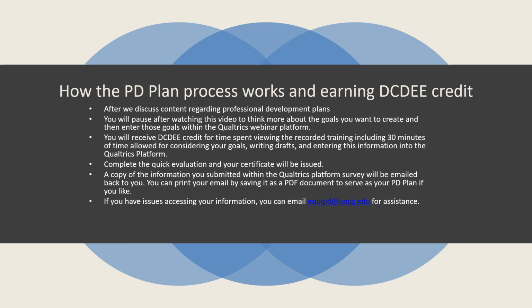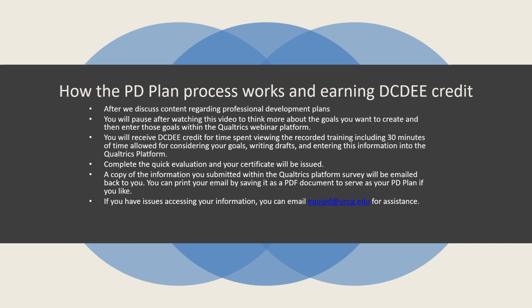You'll receive DCDEE credit for the time spent viewing the recorded training, including 30 minutes of time allowed for you to consider your goals, writing some drafts of those goals, and then entering that information into the Qualtrics online survey platform.